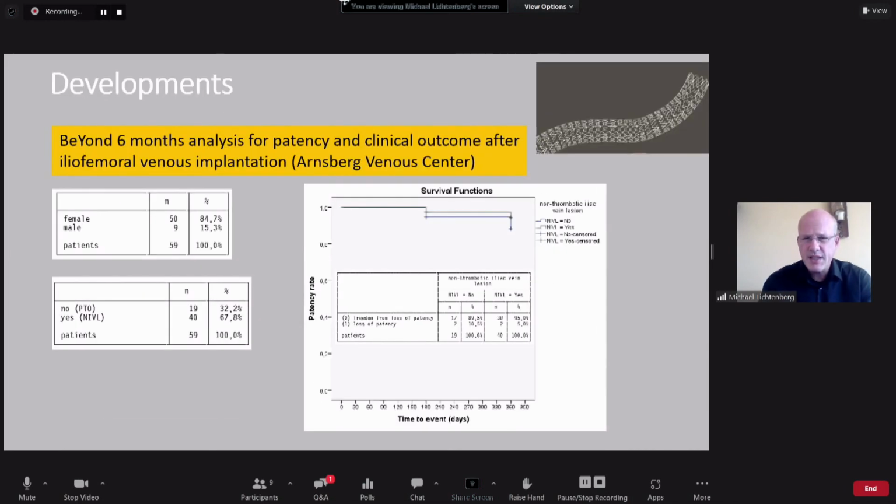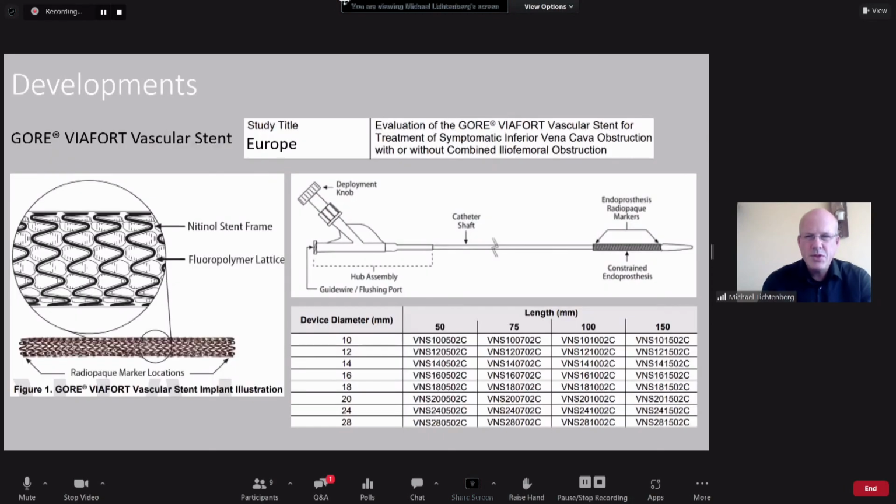There are a lot of stents now coming to the market, like the Bentley stent, just showing here the first outcome data from our Arnsberg Venous Registry. Very good outcome after 6 months, but it's too early to really draw a conclusion. We did, of course, also for this stent a long-term patency analysis, which we will hopefully publish next year. New stent developments are coming from Gore. It looks like a Tigris stent.